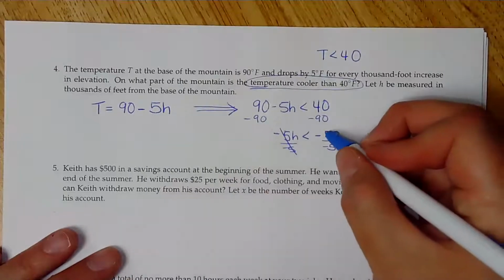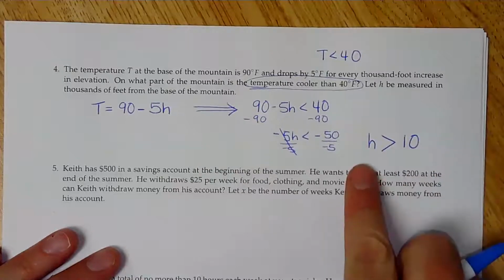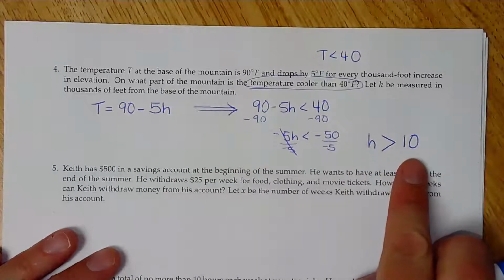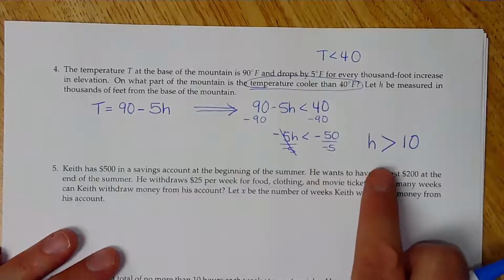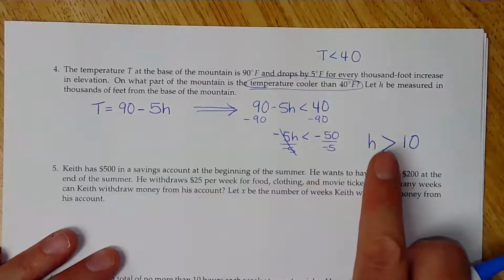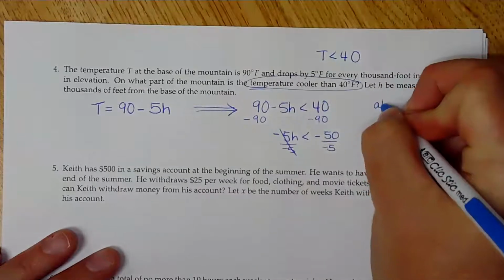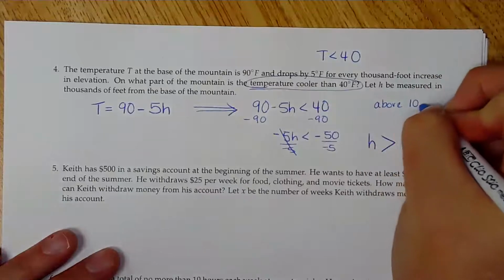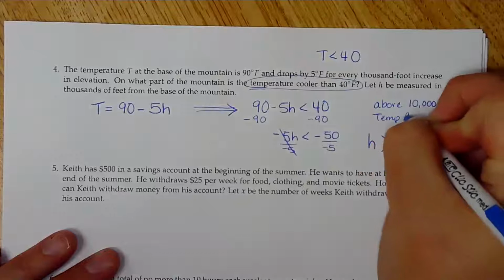And then negative 50 divided by negative 5 is 10. So when H is greater than 10, we're going to be cooler than 40 degrees. Okay, and remember that H is measured in thousands of feet. So if we are above 10,000 feet, the temperature is going to be less than 40.